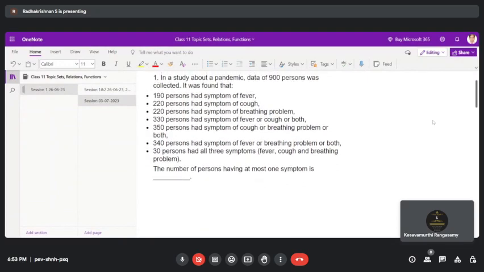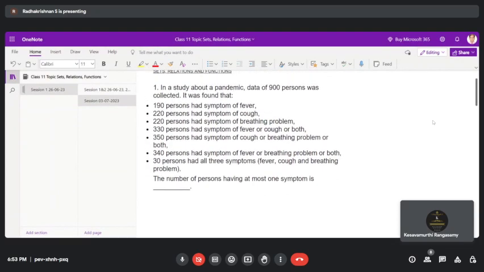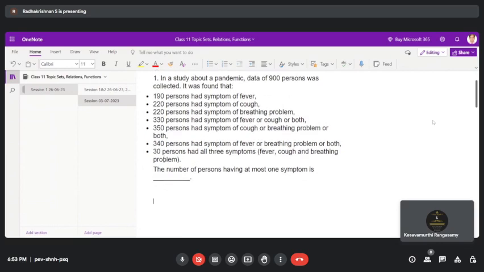I believe you should be able to do it yourself, but I will go step by step, and at each step maybe you can help. See, now what is given: there are people with fever, cough and breathing problems.